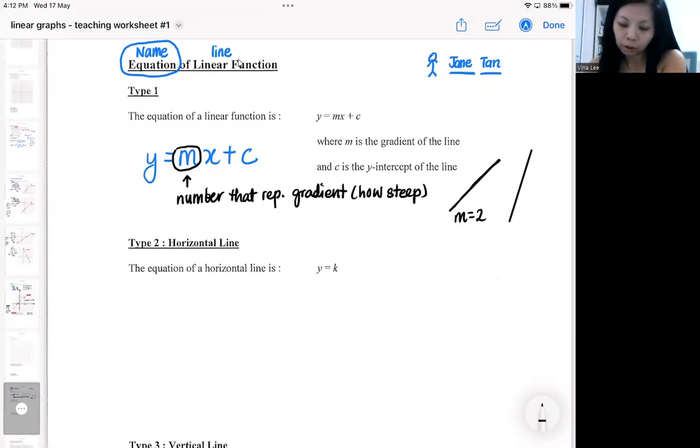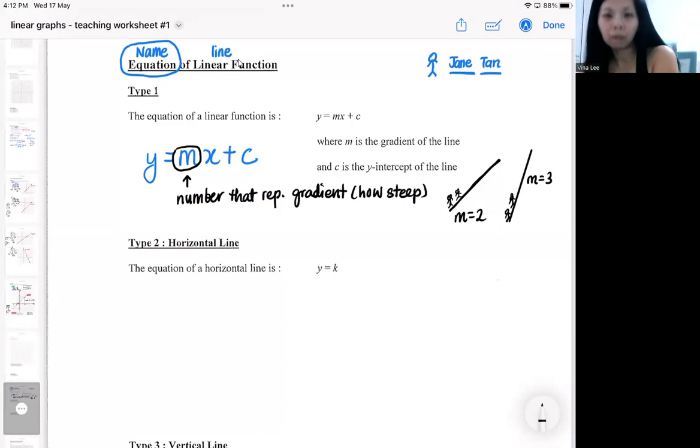Imagine you're here, it's still climbable. Here, it will be very steep for you to climb. So I'm expecting this gradient to be maybe 3. So the number that represents gradient gives us an idea how steep the line will be.